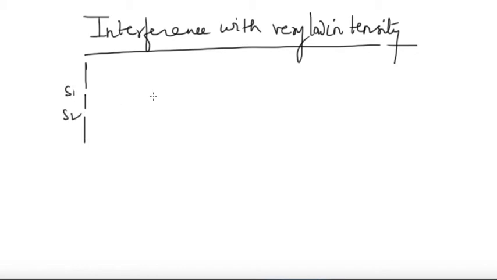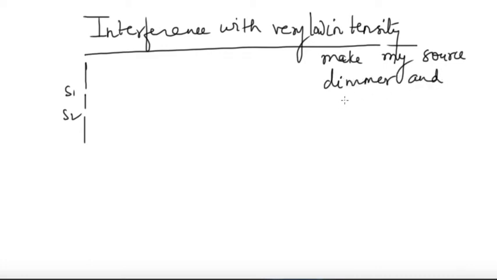But now I reduce the intensity to very, very low. What do I mean by that? I make my source dimmer and dimmer. I can do this by taking the source far away, so dim that on the screen it illuminates only one pixel.